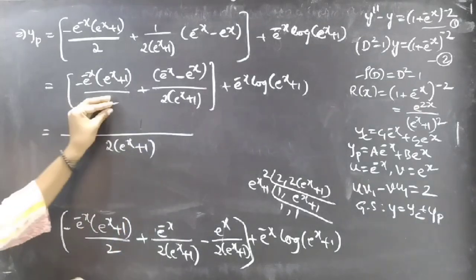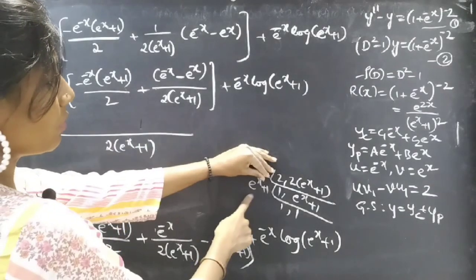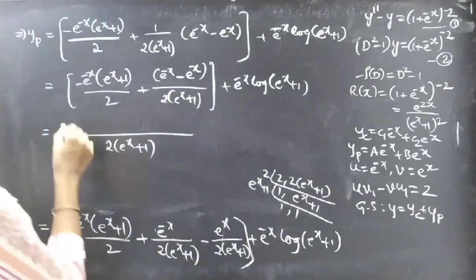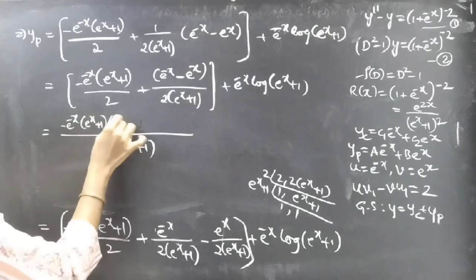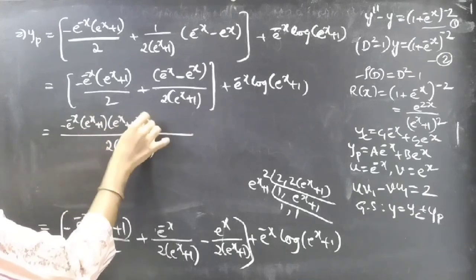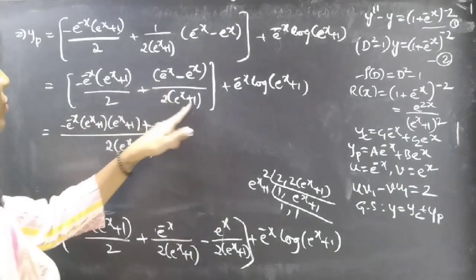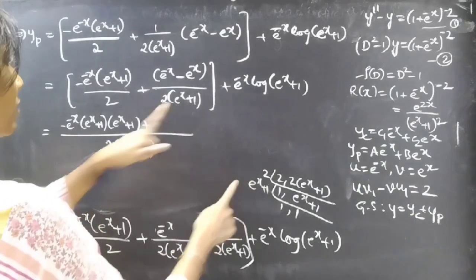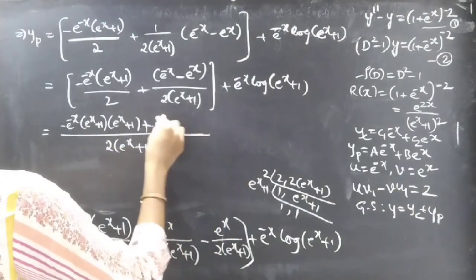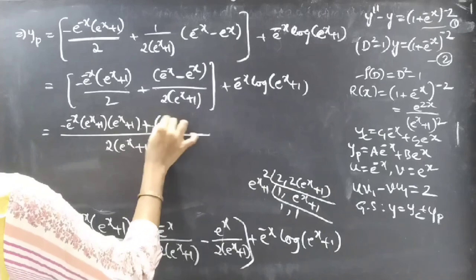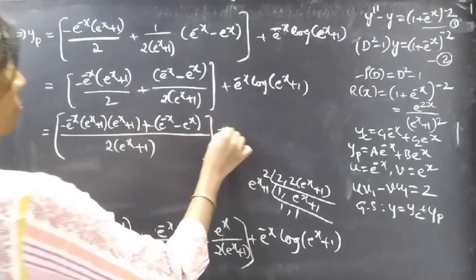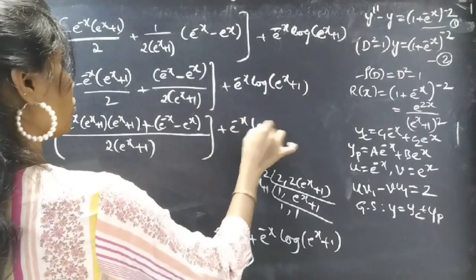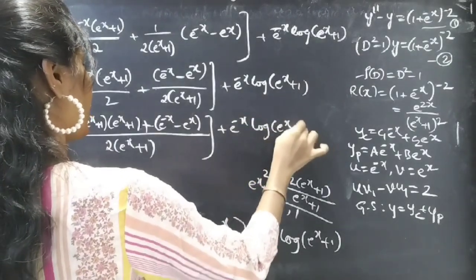The denominator of the first term we are having is 2, so cross 2 and multiply (e power x plus 1) to the numerator. We'll get minus e power minus x into (e power x plus 1) into (e power x plus 1), plus the denominator of the second term we are having is the LCM, so we won't multiply anything to this numerator, we'll just write it as it is, plus e power minus x log of (e power x plus 1).